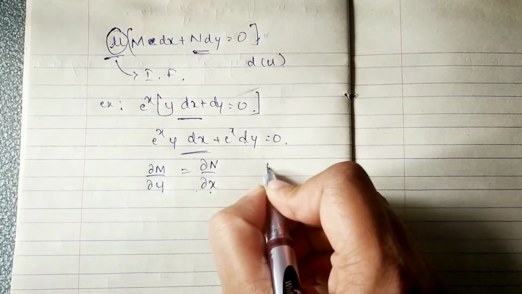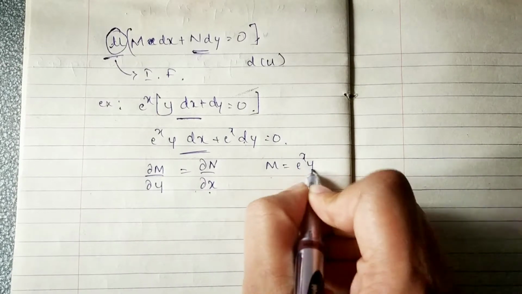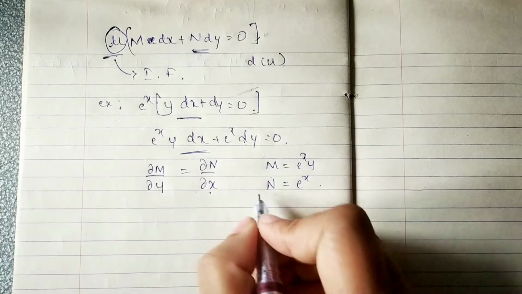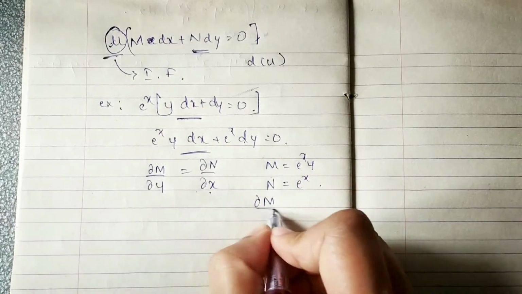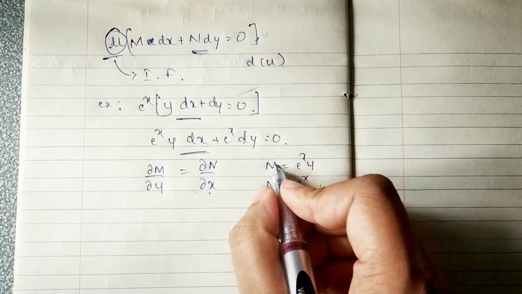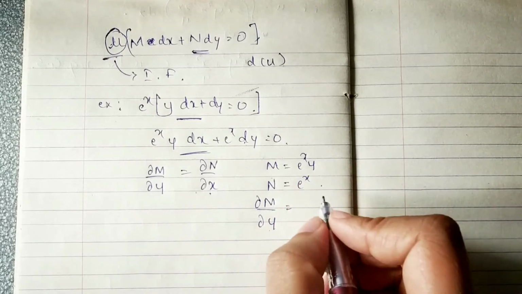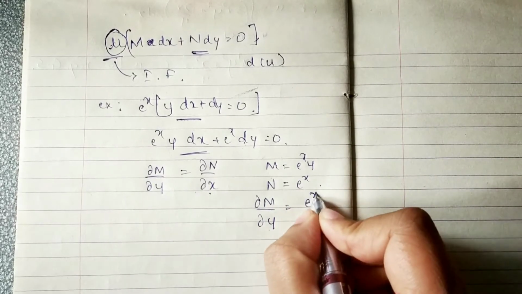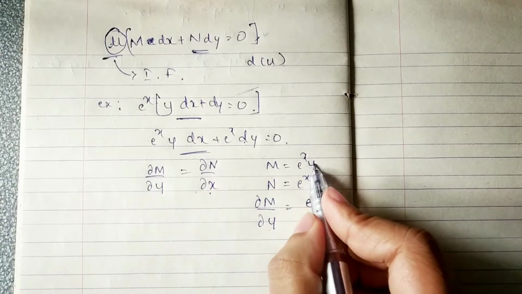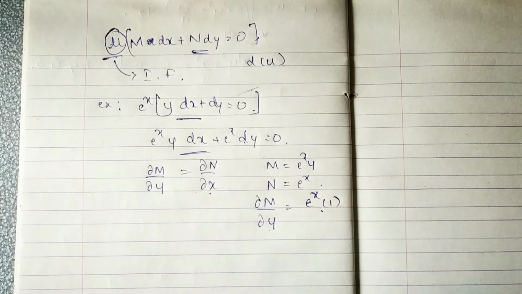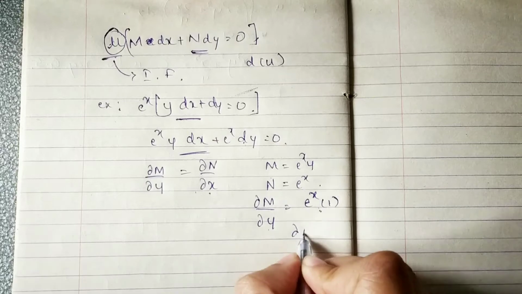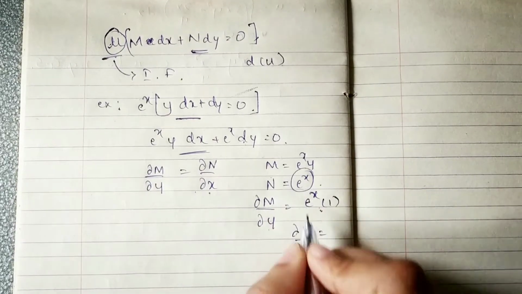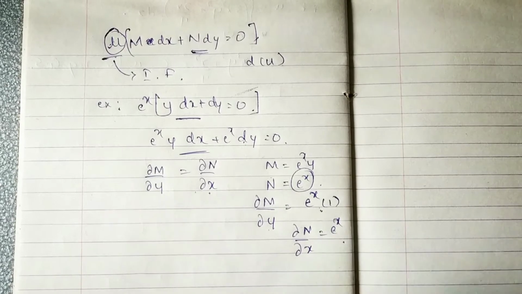Here the value of M is e raised to x into y. The value of N is e raised to x. So dou M by dou y, differentiating M with respect to y: e raised to x is constant, and the derivative of y with respect to y is 1, so e raised to x will come. Dou N by dou x: the derivative of e raised to x is e raised to x itself.